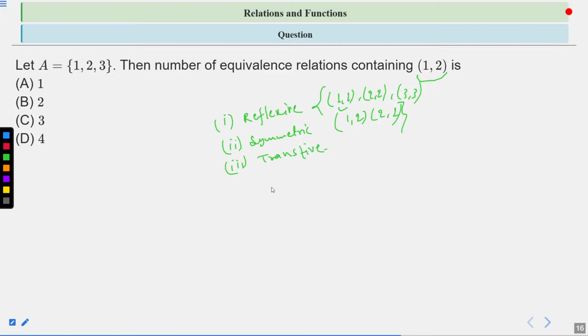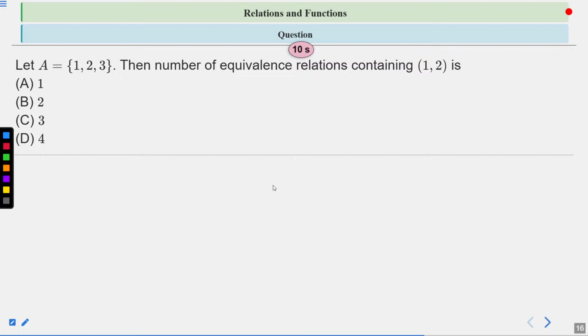So check whether it is reflexive, symmetric, or transitive or not. Now you have 10 seconds to solve or think about this question. After that, we will discuss the solution part.